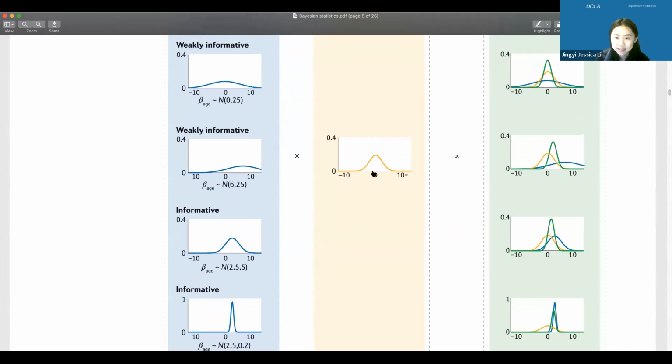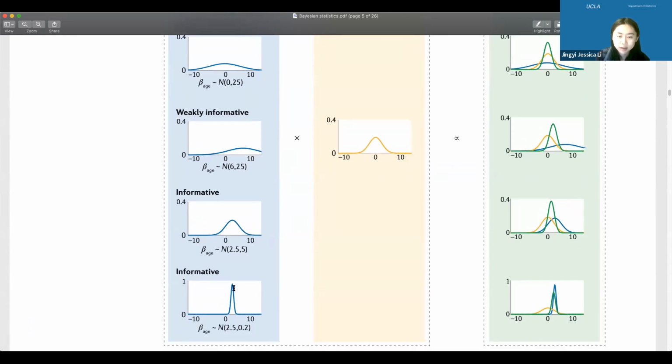Beta age equals 0 corresponds to this value, where the density of my data would be at this y value. But if I vary beta age to here, the density of my data would decrease. This describes how the data density changes with the value of beta age, and that's how we define the likelihood.